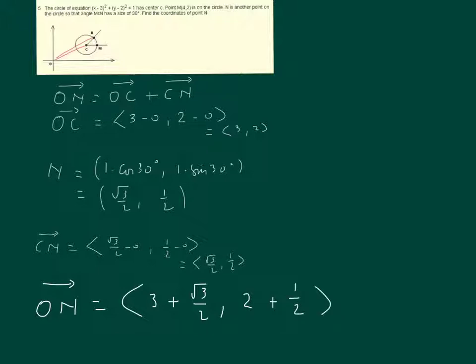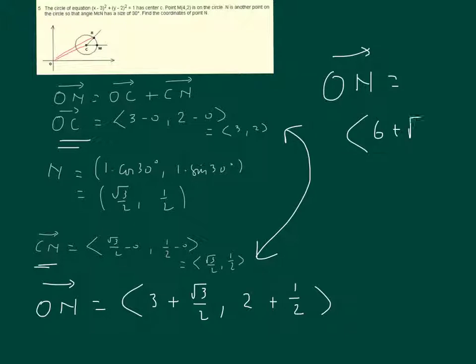We added these components with these components. These are the components of OC and these are the components of CN, which gives the final expression for the components of ON: 3 plus square root 3 over 2 and 2 and 1/2.